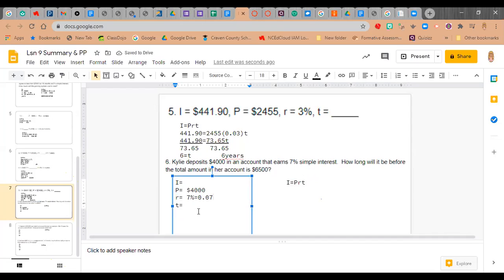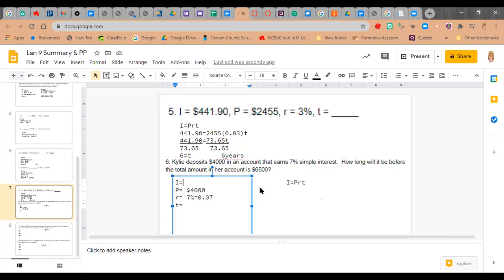All right. And then it says, how long will it be before? So we don't know that. We don't know the time. Do we know the interest? Yes. How much is the interest? 6,500. Hey, does that make sense? Would you put $4,000 in the bank and then the bank says I'm going to give you $6,500 in interest? That means that they're giving you more than you wanted. Does that make sense?